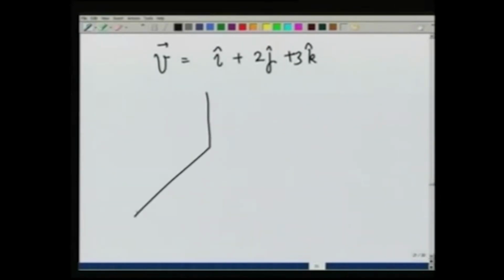So, let us see, suppose I write a vector v is equal to i plus 2j plus, let us say, 3k. How would it look? x, y, z. So, I would make vector i, unit vector in this direction, plus 2j, 2j would be a vector of magnitude 2 in this direction.